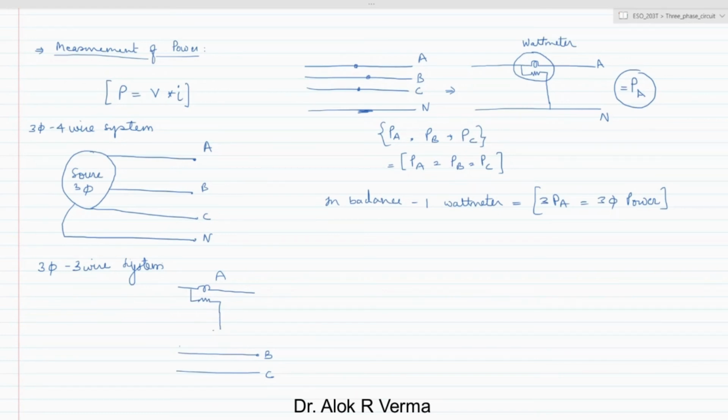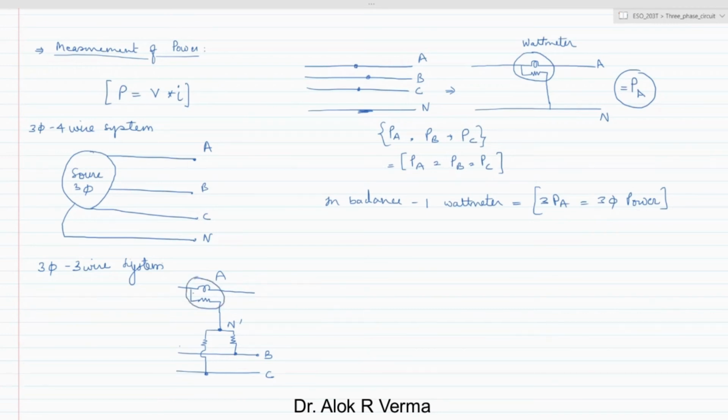We load the system with a very high resistance, and we create an artificial, or temporarily connected neutral. So this is N prime, the artificial neutral, and this is your wattmeter.